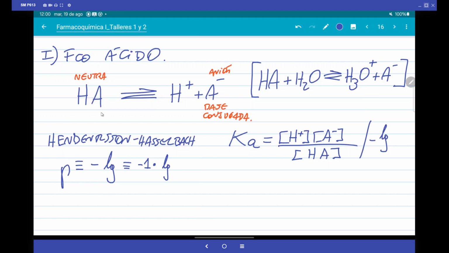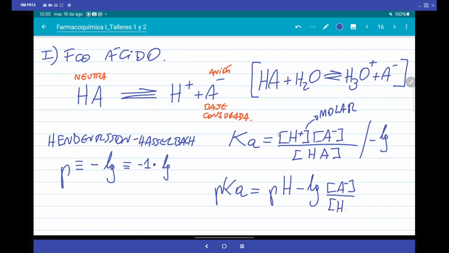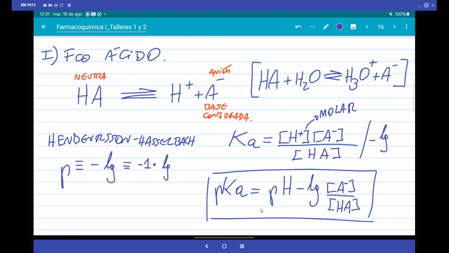Then applying the negative logarithm, that would be pKa equals, and remember that this is always molar concentration, the negative logarithm of the proton concentration, which we are going to abbreviate as pH, minus the logarithm of the concentration of A minus divided by HA. And then there we have the equation. In its simplest form, pKa is equal to pH minus the logarithm of A minus divided by HA.